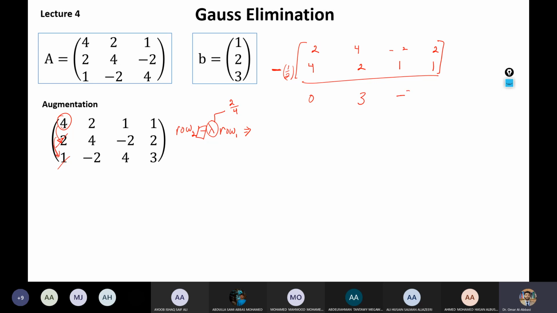How much is that? 3 over 2. Minus 2 minus half, negative 5 over 2. 4 over 2 minus 5 over 2. Yes, 2 minus half, 3 over 2.